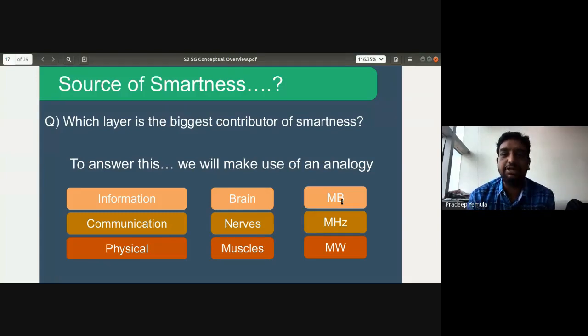Communication network is similar to the nervous system. But then again, a lot of animals have equally good nervous systems. So the difference is at the brain. Because human beings have a larger brain, they are able to process the information, and within the given physical and communication layers, they are able to do some more things which other animals are not able to do.